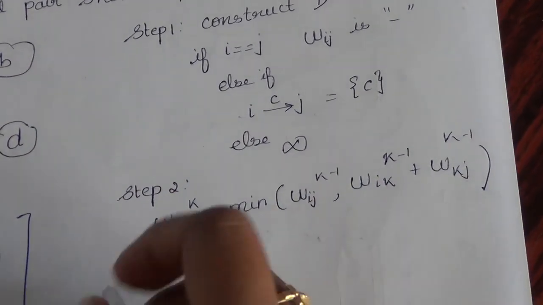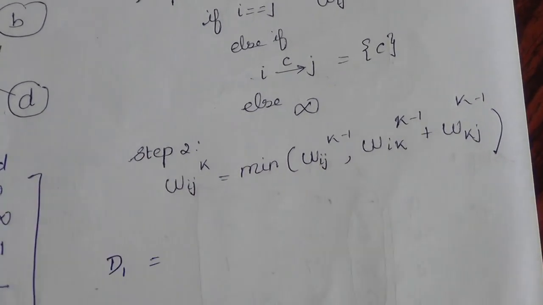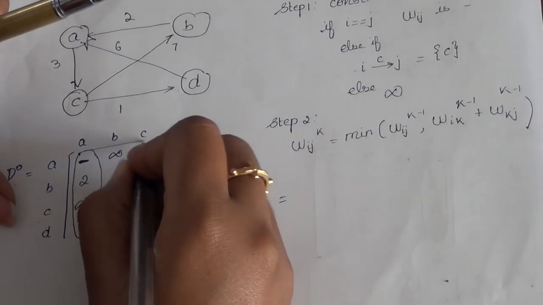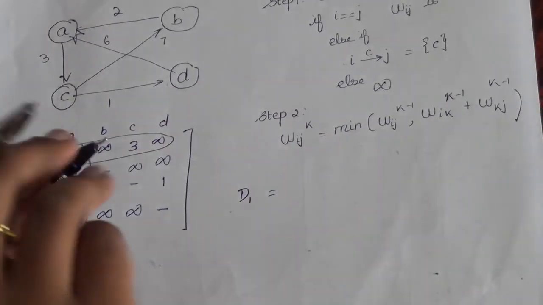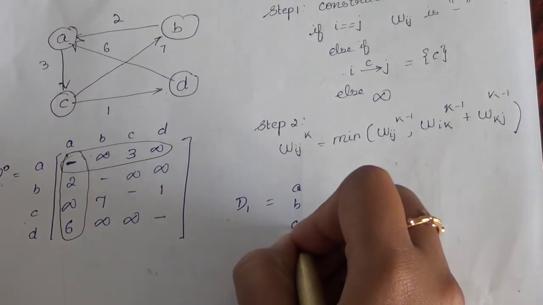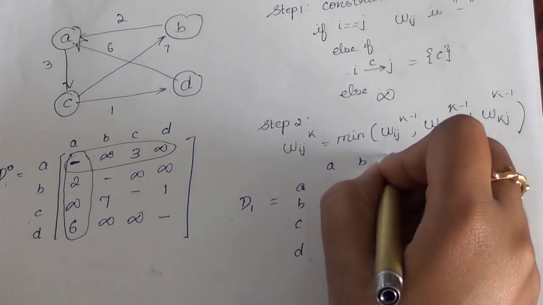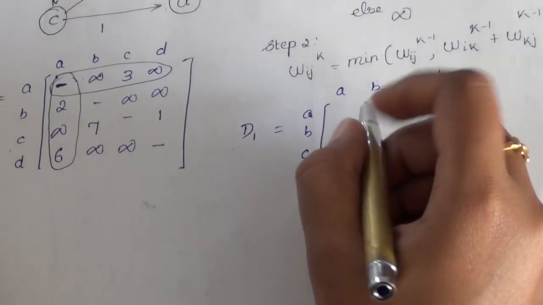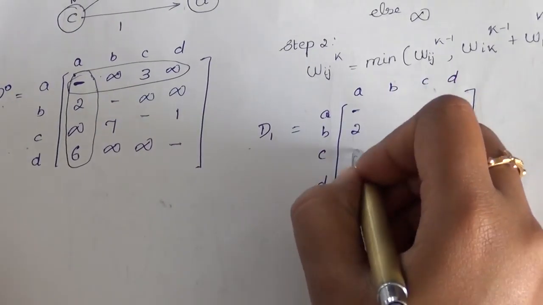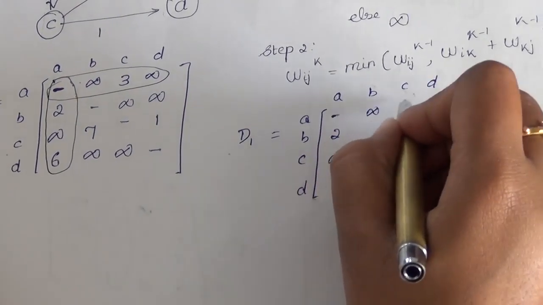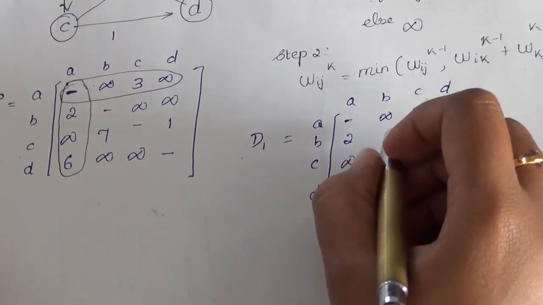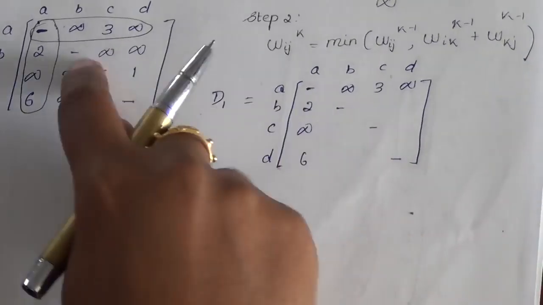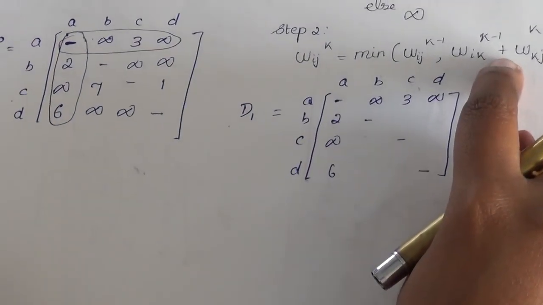So for constructing the D1 matrix, I will select the first row and the first column. This first row and first column will remain untouched. So I will write it as it is, and the hyphens also will not be touched.